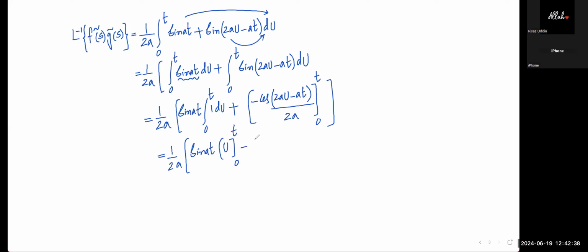So minus 1 by 2, one more time outside, upper limit minus lower limit. That is cos: in place of u, we put t, cos of 2at minus at, the upper limit, minus the lower limit; if you put u as 0, cos of minus at.